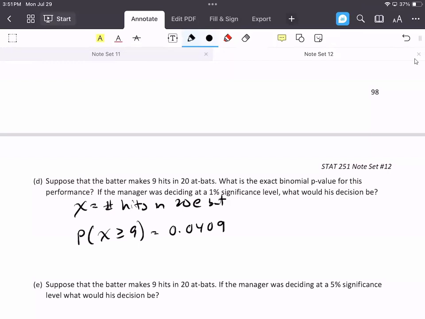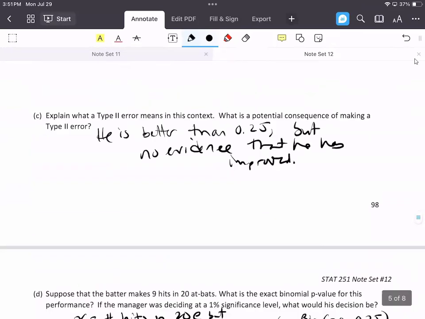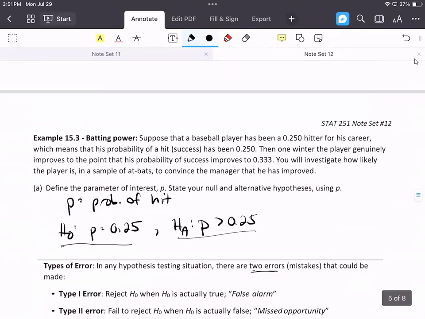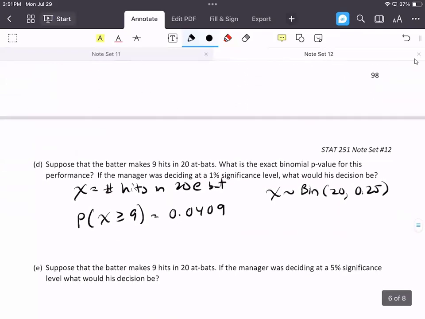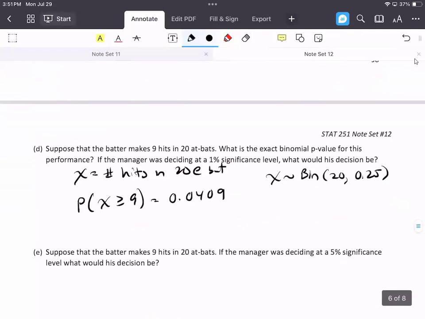I'm just doing this using technology. I will say X is binomial with n being 20 and p being 0.25, because remember, that's what he is originally. We want to show that he's doing better. So do we reject with the p-value of 0.0409 at a 1% significance level?